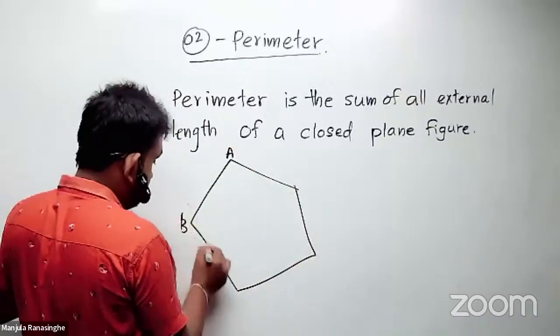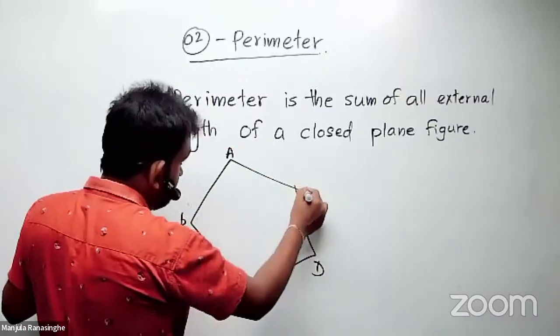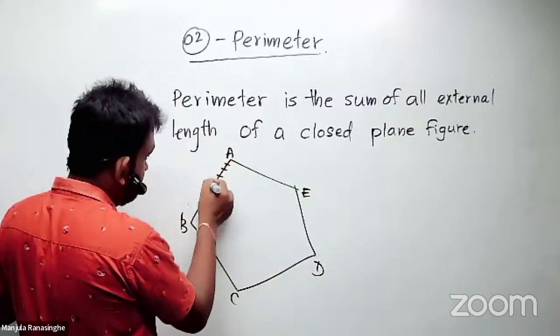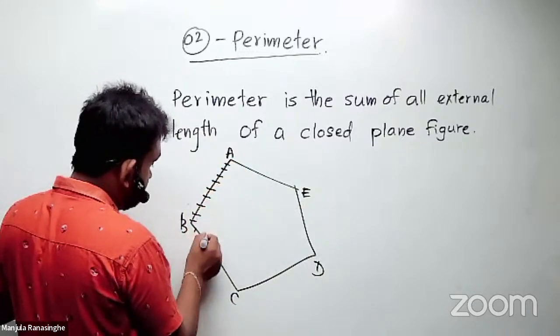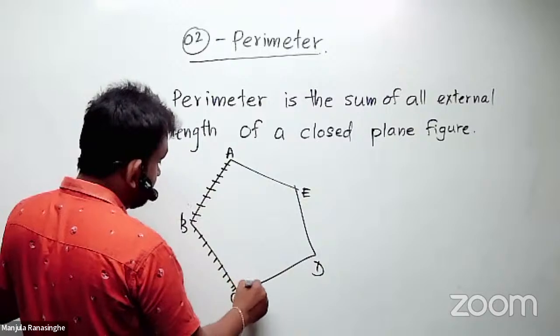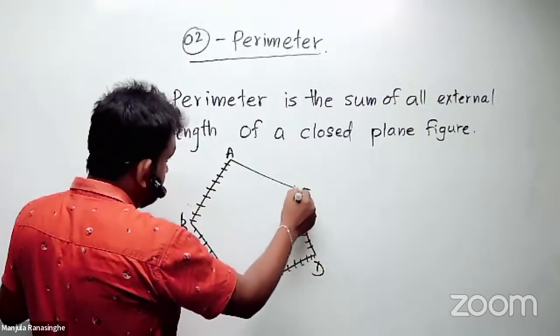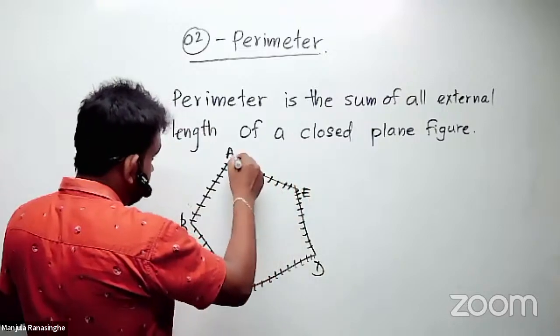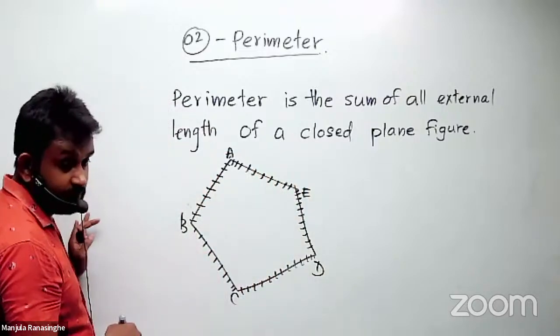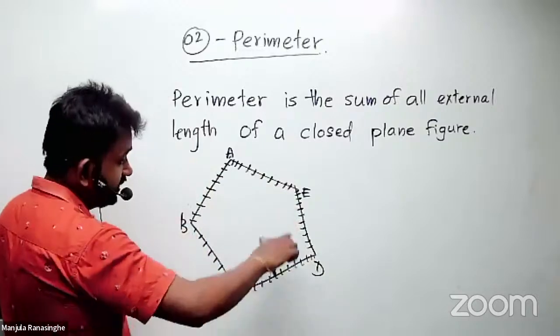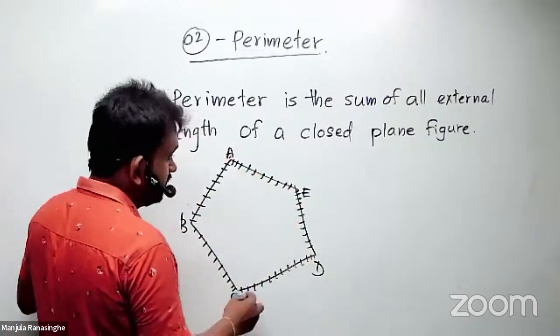A, B, C, D, E. Mark it with a color. You have to add these lengths together. Then only we can say it is the perimeter. So perimeter is this one. Draw this sketch and the perimeter.